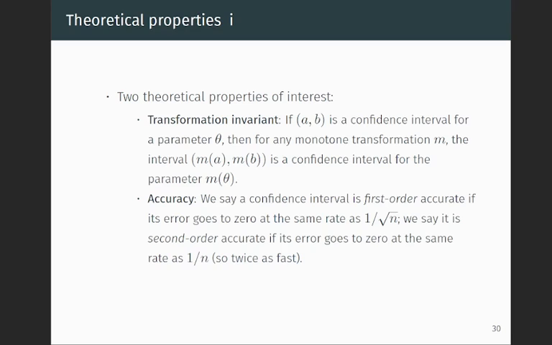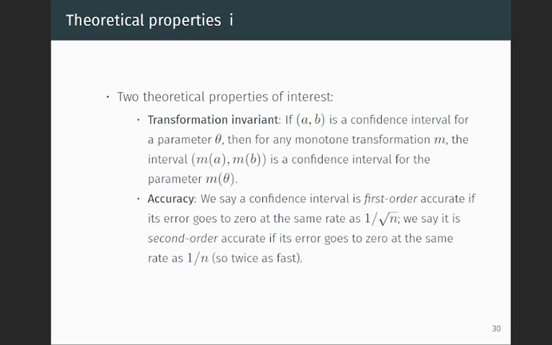What this means is that if I have a confidence interval for a parameter theta, and I use a monotone transformation, then I want to be able to transform my confidence interval to a confidence interval for the transformed parameter by applying that transformation to both bounds. If that's still a valid confidence interval, I say that my confidence interval is transformation invariant. And then the second property is accuracy.